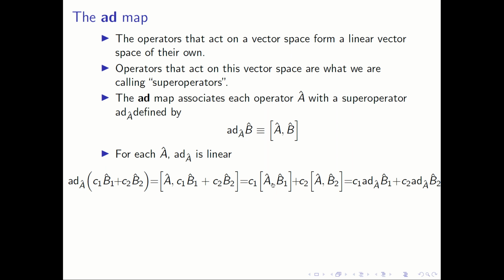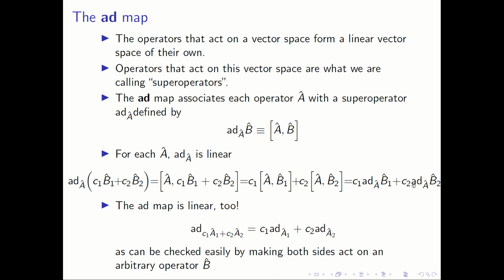This piece is ad A acting on B1 and this piece is ad A acting on B2. So ad A is linear because if you replace its argument B by a linear combination, you get a linear combination of results. So for each A, ad A is linear.